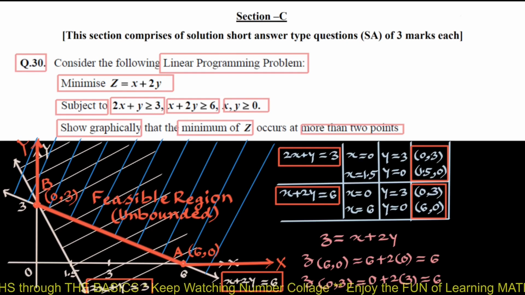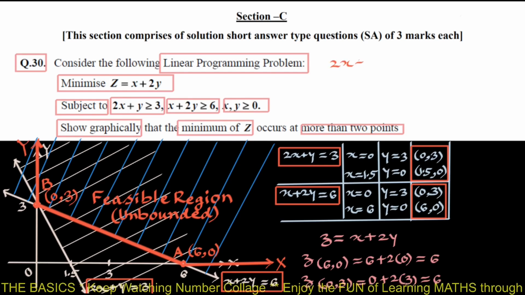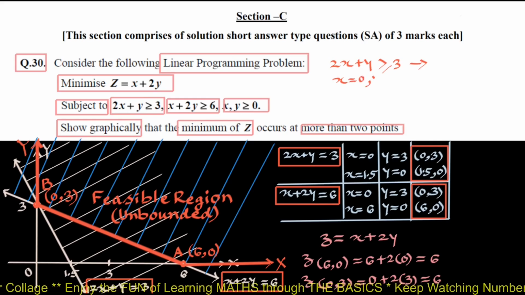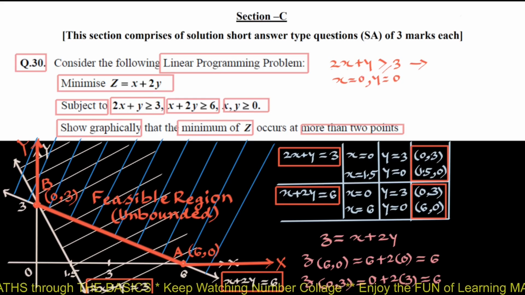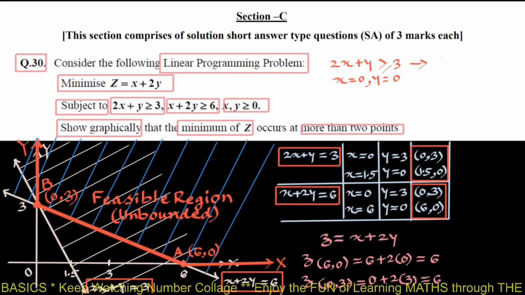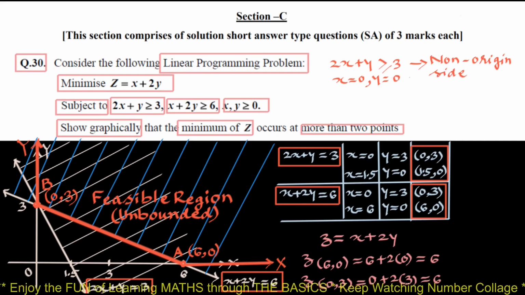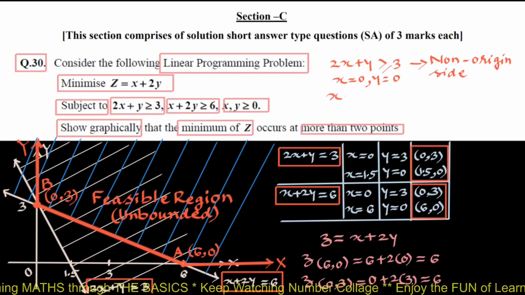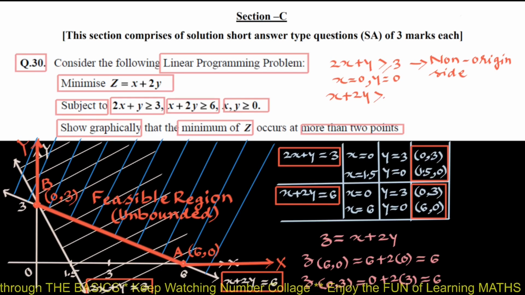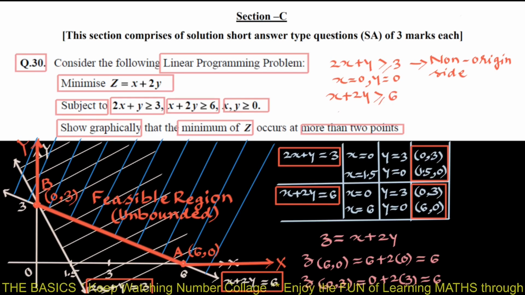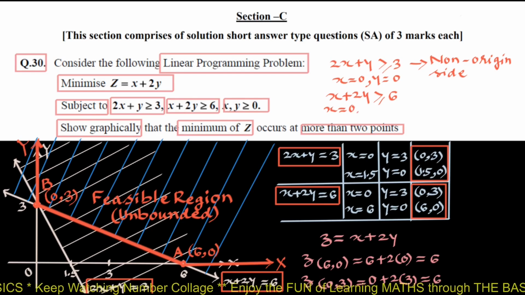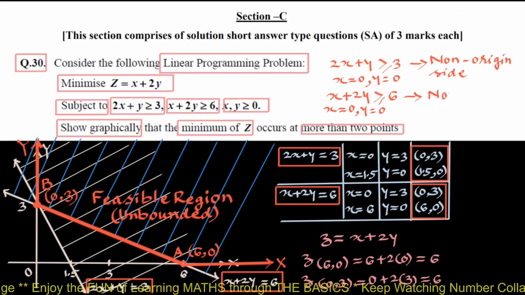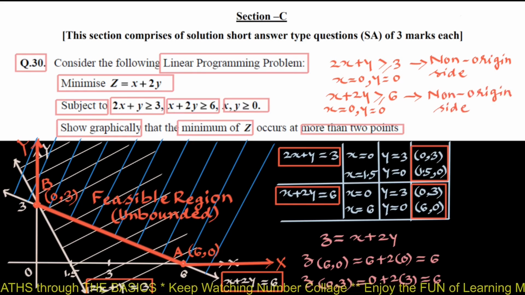For that, in the first inequality 2x plus y greater than or equal to 3, we will put x equals 0, y equals 0, so that the region of this constraint is the non-origin side of line 2x plus y equals 3. Similarly, for the second constraint x plus 2y greater than or equal to 6, we again will put x equals 0 and y equals 0, getting the region to be again the non-origin side of the line x plus 2y equals 6.